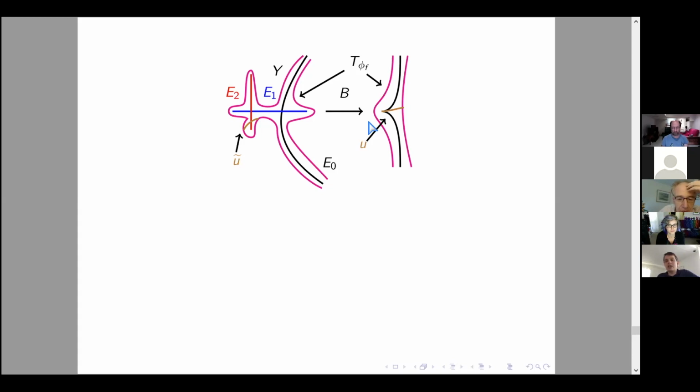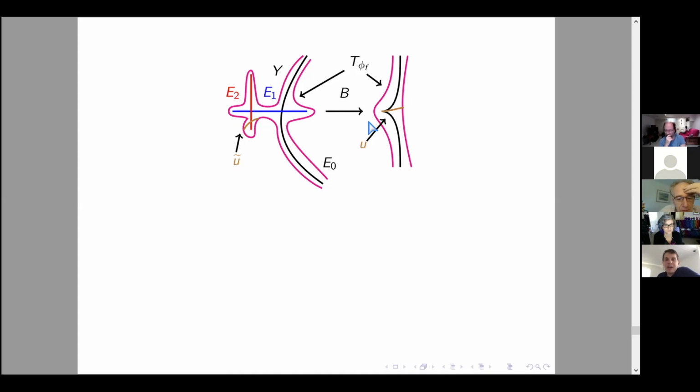Yes, to define the filtration on the arc space, you need the resolution. So you cannot do this directly on this right part? No, I can't. There may be a way of doing it, but I don't know how to do it.